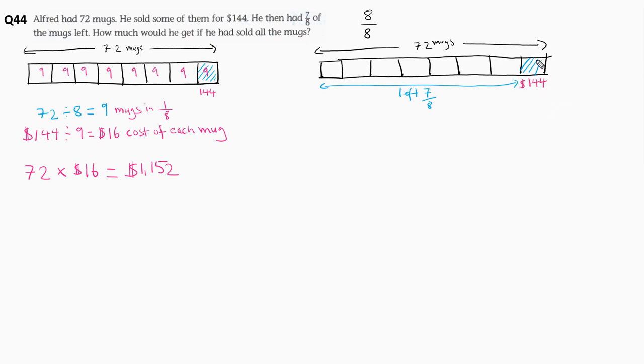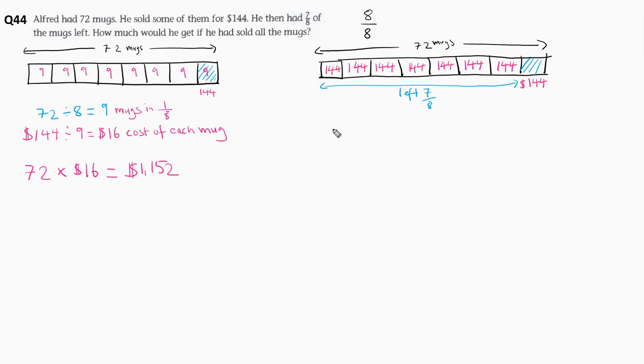We don't need to know how much each mug sold for, because if this number of mugs sold for $144, and it's implied in the question that each mug is the same and will sell for the same amount of money, if this is worth $144, well, then so are all of these. They all represent a value of $144.